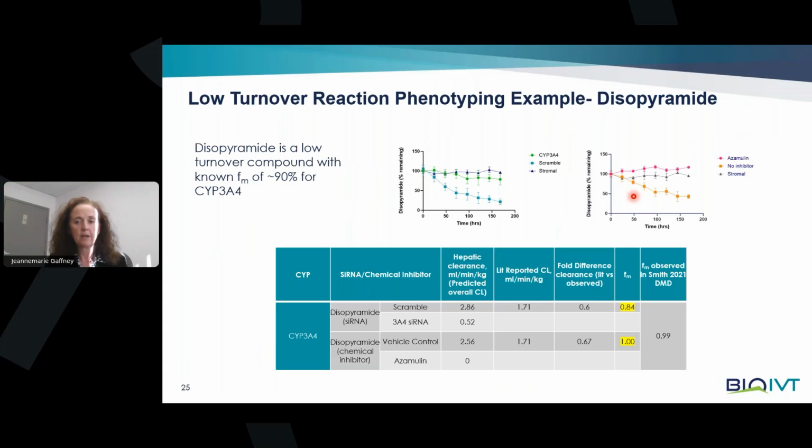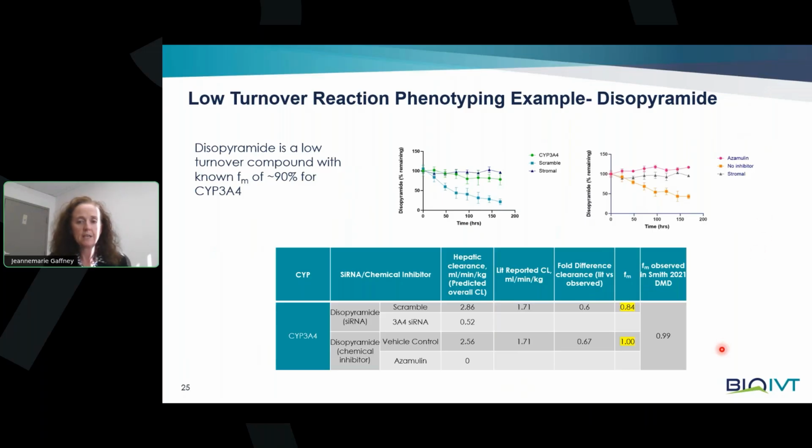Similarly, using chemical inhibition in the condition where there was no inhibitor, referenced by the orange line, you can see there is parent depletion. And in both cases, the green line here and the pink line here, you can see there is almost complete suppression of that 3A4 enzyme, and we're not seeing parent depletion of the compound disopyramide.